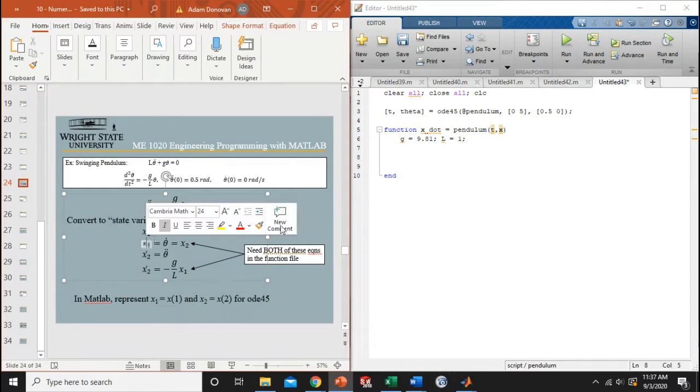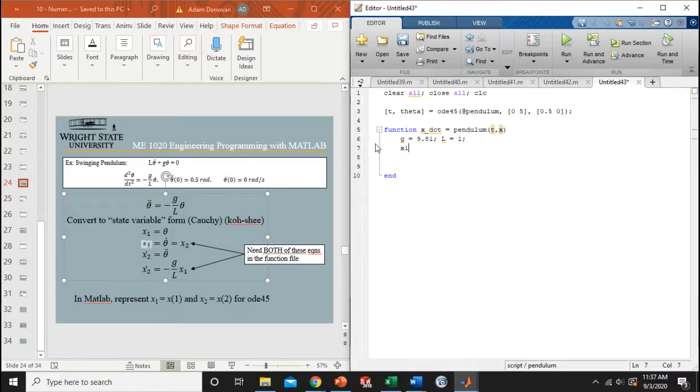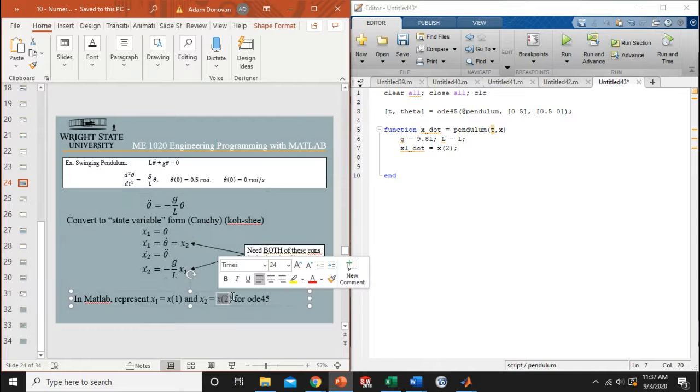And so my x1 dot, and I can just type these out here, x1 dot is equal to x of 2. Right? That's exactly what I came up with here. Remember, x2 is the second value of x, the second column of x, basically. So that's my first equation.